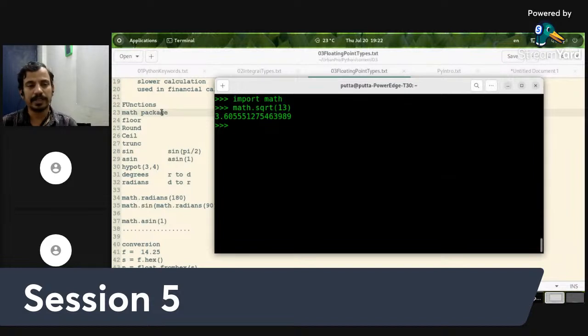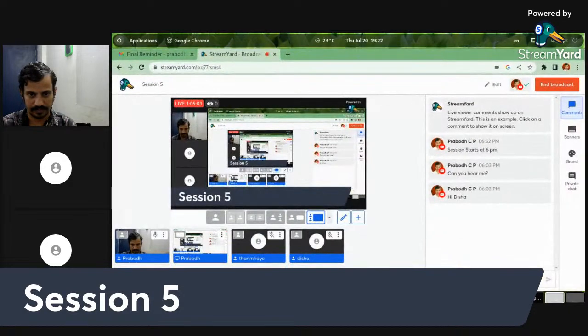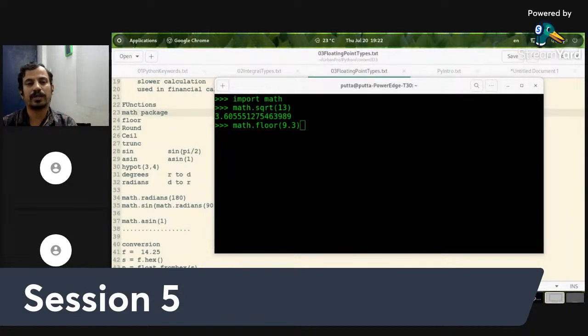Okay. Next, we have something called the floor function, math dot floor. What does this perform? Disha, what is the result of math.floor of 9.3?